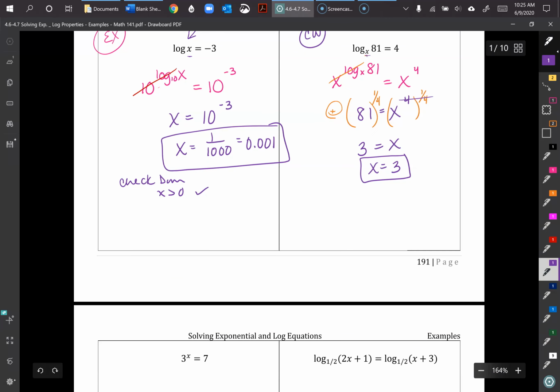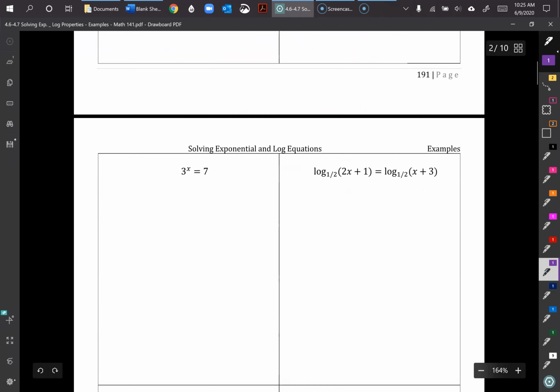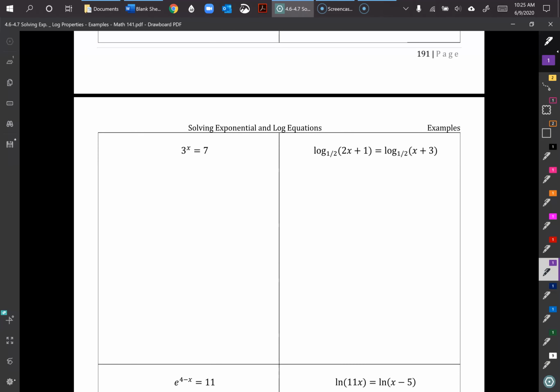Now let's take a look at some others here where we start with an exponential on this one. So what undoes exponentials would be log. So if I want to take the log of one side, I have to take the log of both sides.